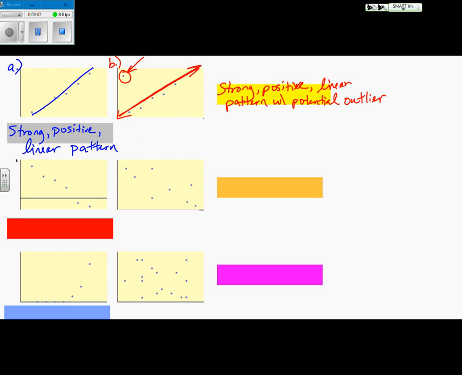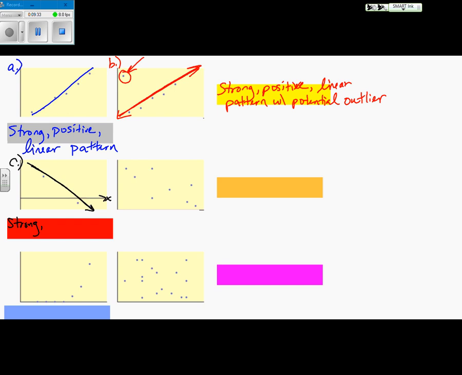All right, working our way down. Let's do C right here. What do you notice different about C? I would say those points line up pretty well still. They're still pretty strong. I would still say it's linear, but look at which way the line's going. As my X's get bigger, my Y's are going down towards the bottom.